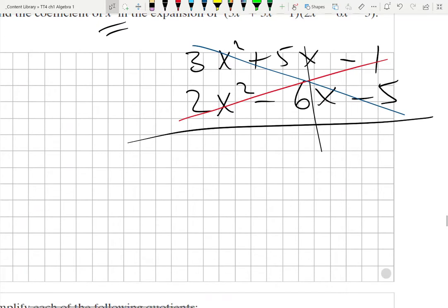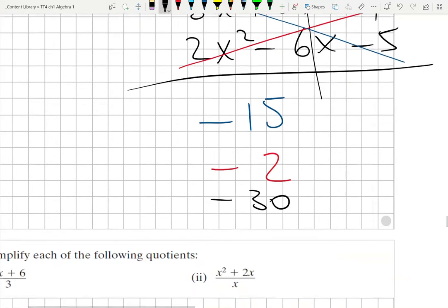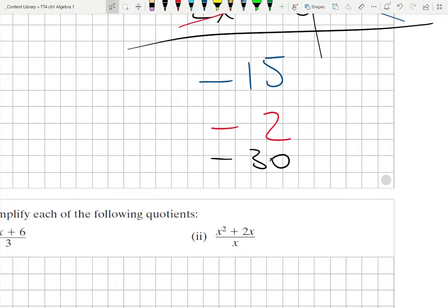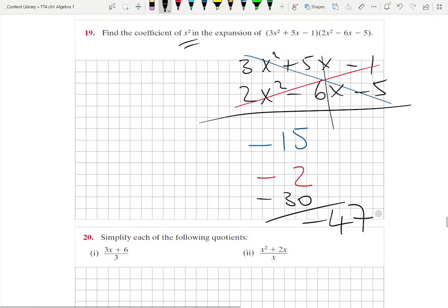So, I'm blue. So we'll do this one is minus 15, switch to red is minus 2, and switch to black is minus 30. They're all negative, right? Yeah. Minus 47. And I think they only wanted a coefficient. So that's the answer.